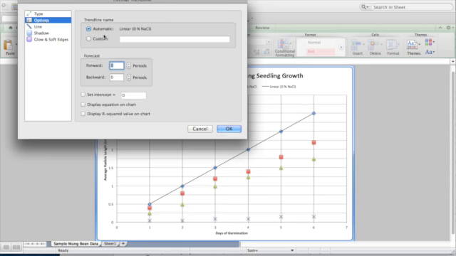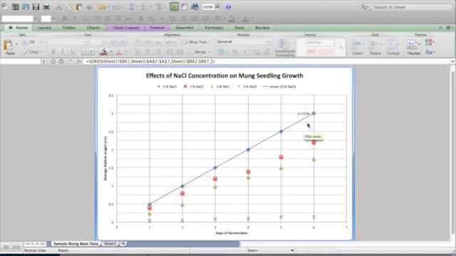In options, I can actually have it do a little work for me. I can certainly do a little algebra and do the slope equation for this, or I can ask it to display the equation here. So if I ask it to display the equation for that line, it's going to give me the equation at the spot here. So the slope of the line is 0.5 times x. So 0.5x is our slope.